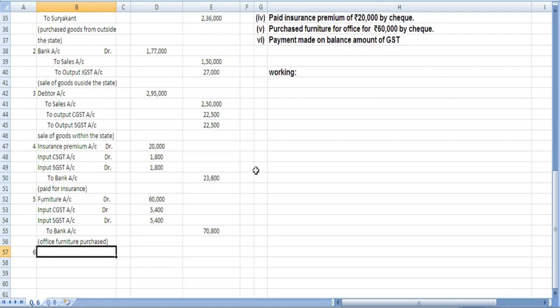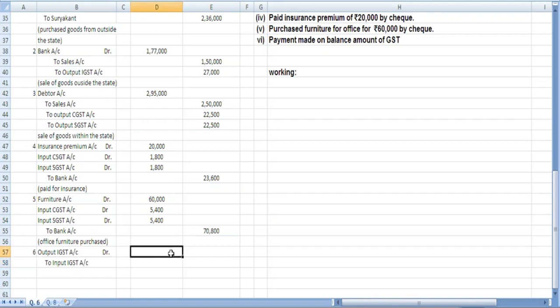So we're going to adjust this with the output IGST account debit to input IGST account.